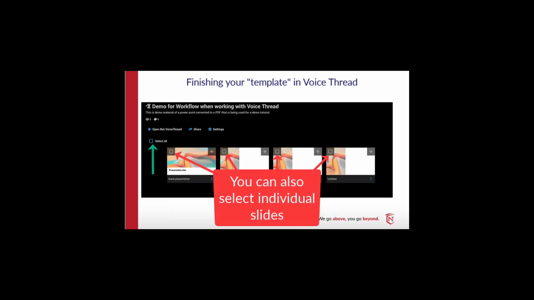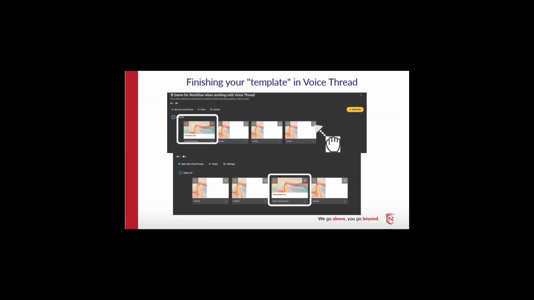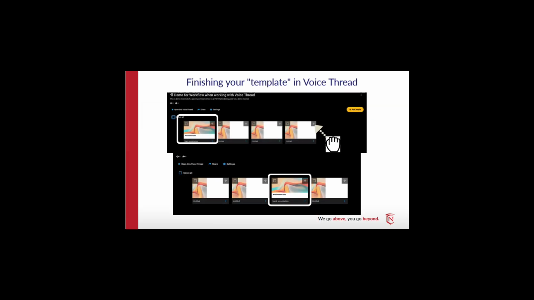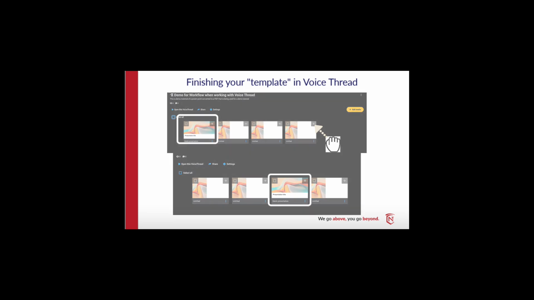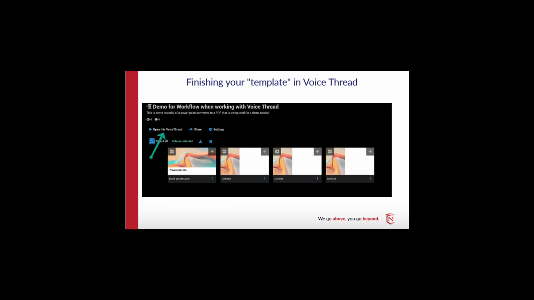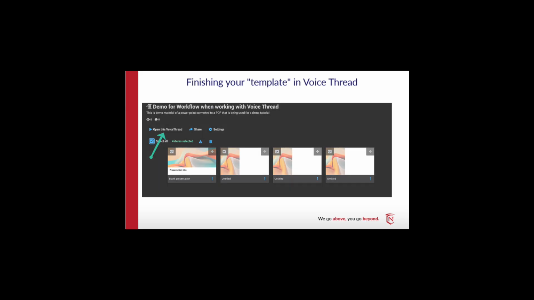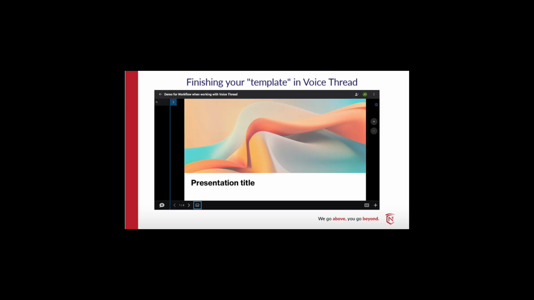Next, select all of the slides that you will use for the thread. Note that you can reorder the slides and also add more media to the thread. Once you are ready, open the VoiceThread for the next set of edits. The comment display interface opens.